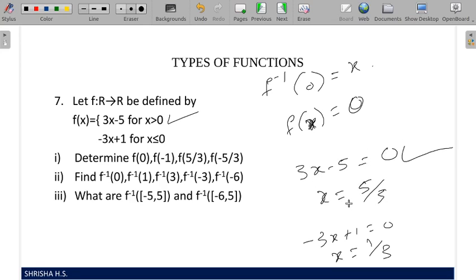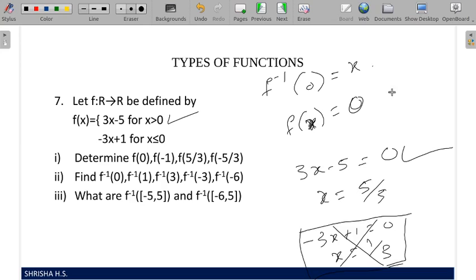If x equal to 5 by 3, observe the formula here: for any x greater than 0, we apply 3x minus 5. So applying 3x minus 5 is the correct formula. Now see here, x equal to 1 by 3. To apply minus 3x plus 1, x has to be 0 or less than 0, but we have got 1 by 3. So this is a wrong application. This does not suit. So 5 by 3 is the most suitable answer. We will do other problems and you will get a proper idea.